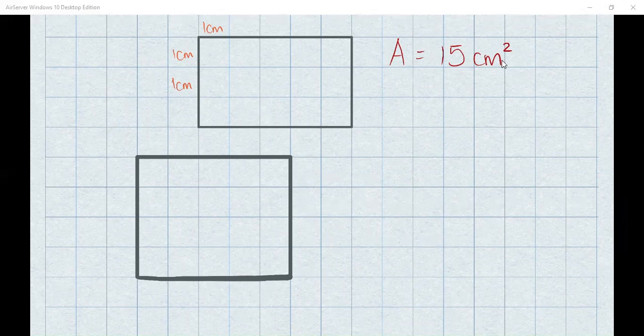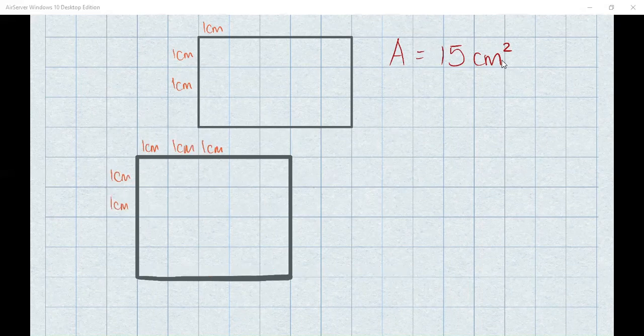Now remember, every square is 1 centimetre by 1 centimetre. So 1 centimetre all the way along for each square, and each square going down is 1 centimetre high as well. So I need to count how many squared centimetres fit inside this rectangle. If we start counting, I've got 1, 2, 3, 4, 5, 6, 7, 8, 9, 10, 11, 12, 13, 14, 15, 16, 17, 18, 19, 20.